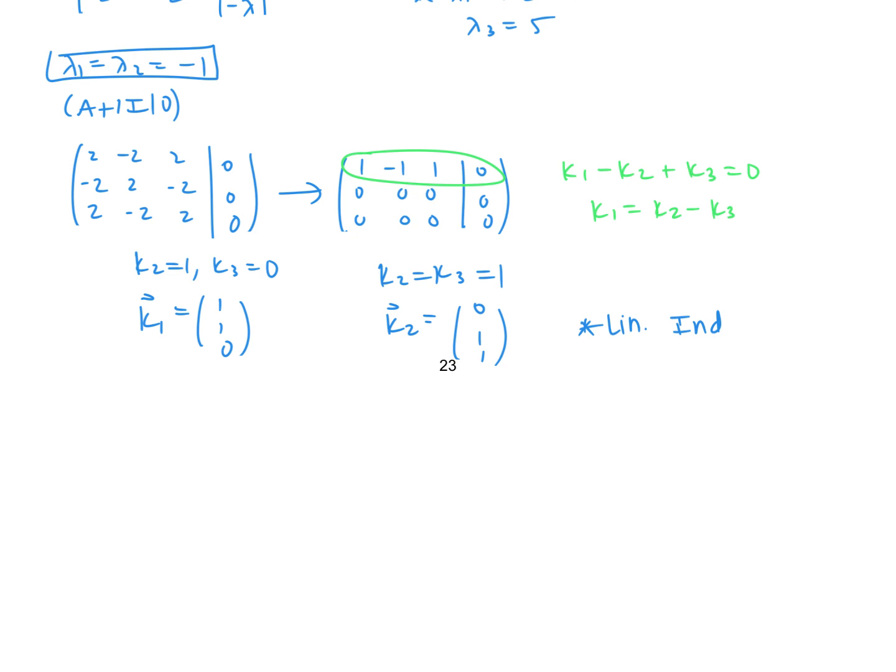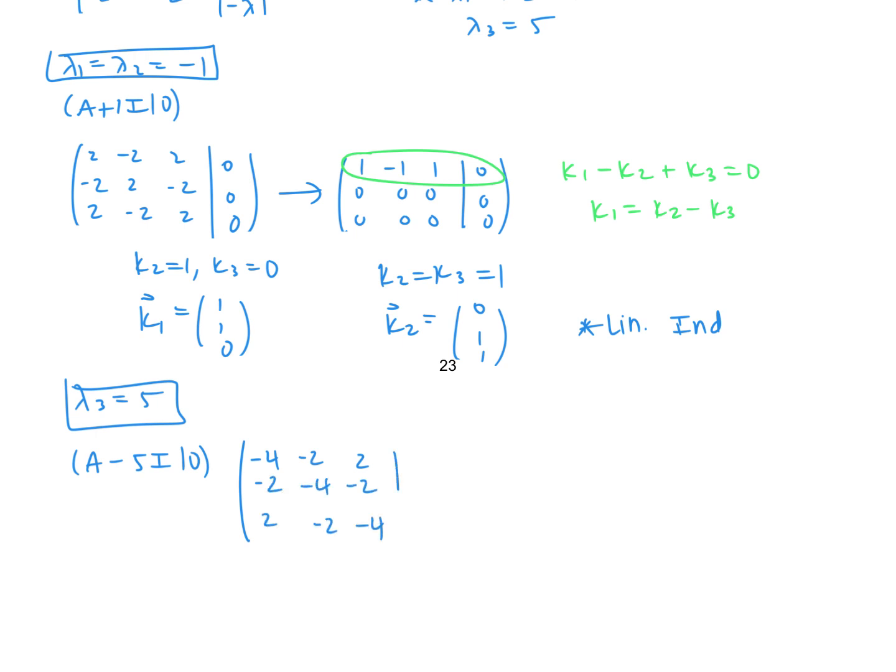Okay, so let's keep moving. So what we do next then is let's take a look at our last eigenvalue, which is 5. So we're going to be taking a look at the matrix A subtract 5I augmented with 0. And so that matrix is -4, -2, 2, -2, -4, -2, 2, -2, -4, augmented with 0, 0, 0. Okay, so this one is going to be a smidge bit more work.